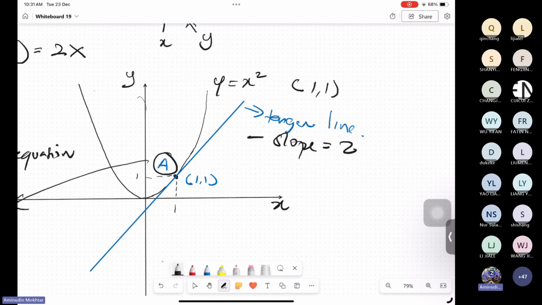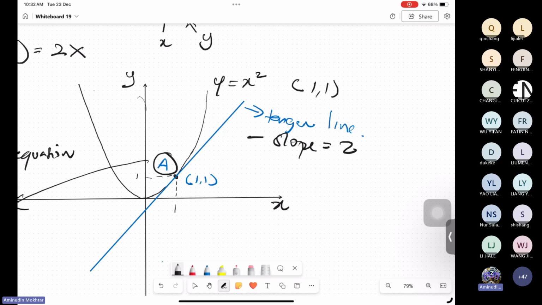Because this tangent line touches the curve at point A, and the slope of x squared at point A is 2. Since the tangent line is also a straight line, the slope of the line is equal along the line.